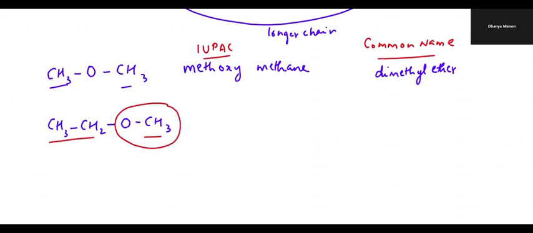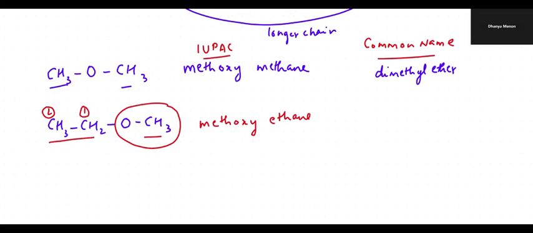So methoxy. And this is the larger chain. In the larger chain, how many carbon atoms are there? 2 carbon atoms. So we use ethane. I hope I'm clear. So for the smaller chain, we use the alkoxy. For the larger chain, we use alkane.